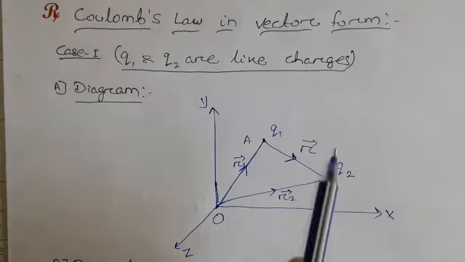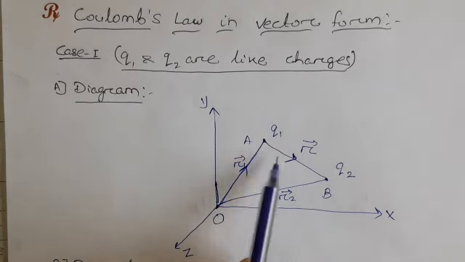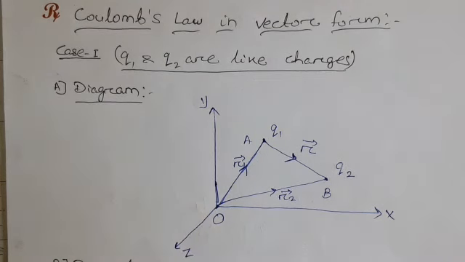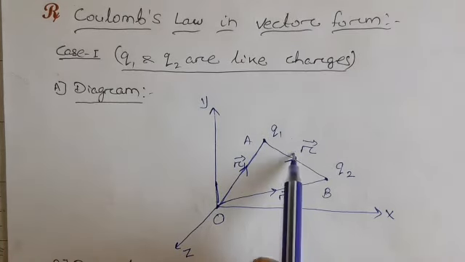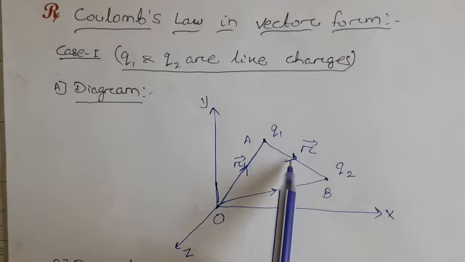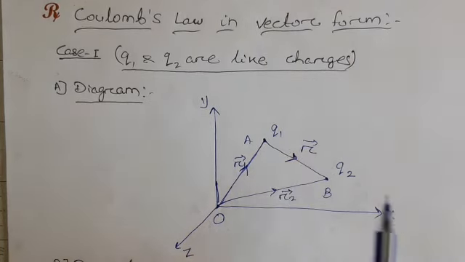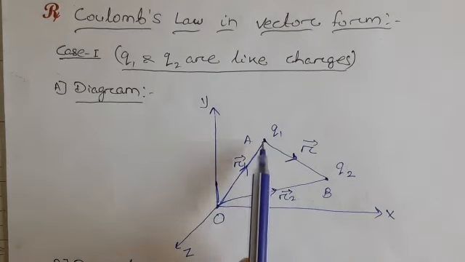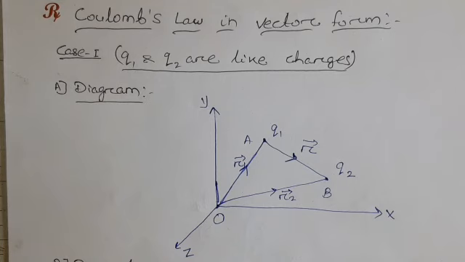We know from the scalar and vector chapter that the displacement vector R is equal to the position vector OB minus the position vector OA. So this is the diagram.